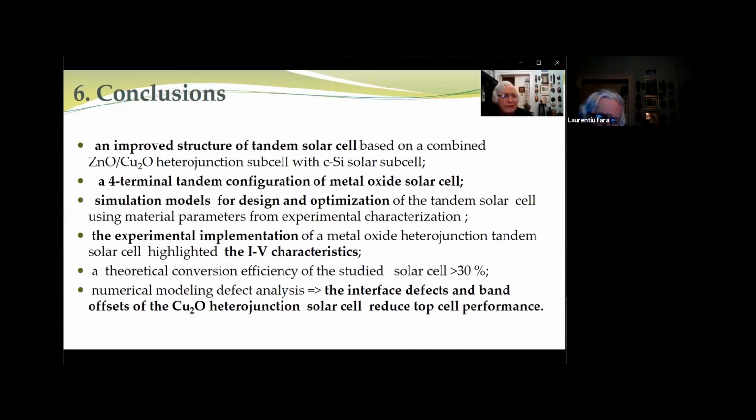And the last point is very important for the experimental investigation. It is based on numerical modeling and defect analysis, and we could conclude that the interface defects and band offset of the copper oxide heterojunction solar cell reduce top cell performance. It is very important.